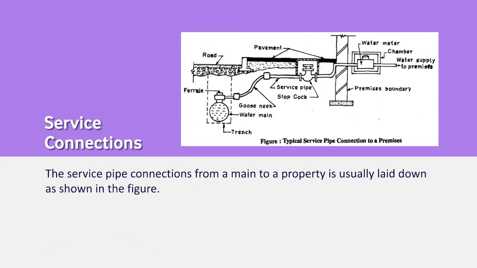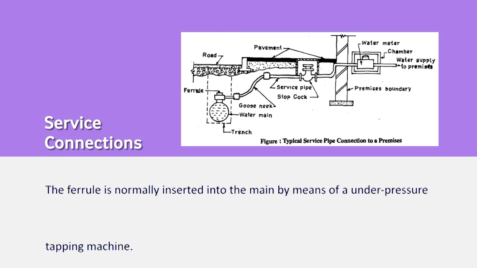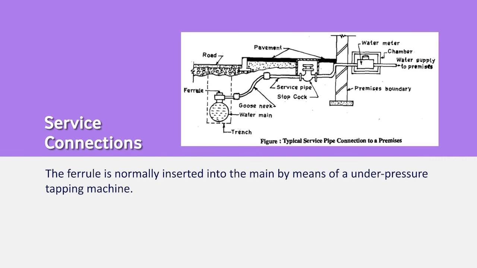The service pipe connection from a main to a property is usually laid down as shown in the figure. In the figure, a typical service pipe connection to a premises is shown. The ferrule is normally inserted into the main by means of an under-pressure tapping machine.